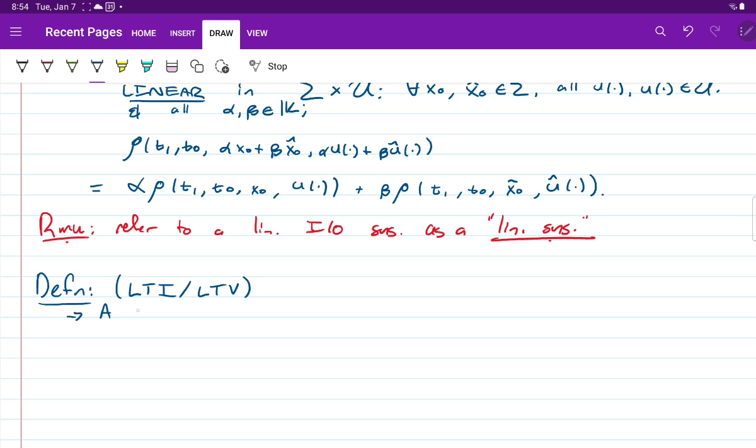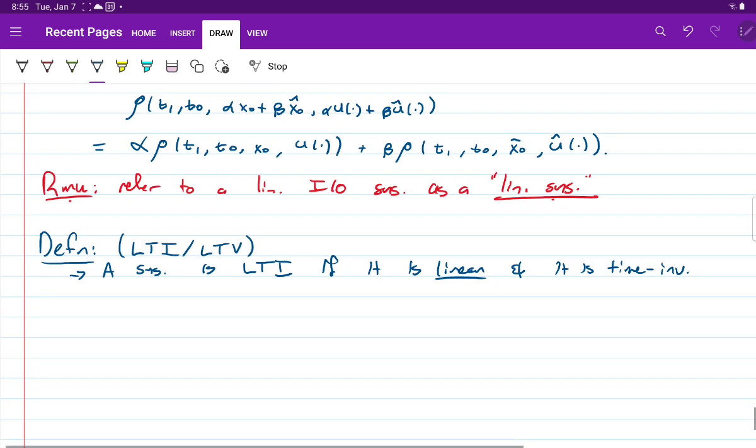Okay, so we say that a system is LTI, or linear time invariant, if it is linear and it is time invariant. Okay? Pretty groundbreaking stuff.